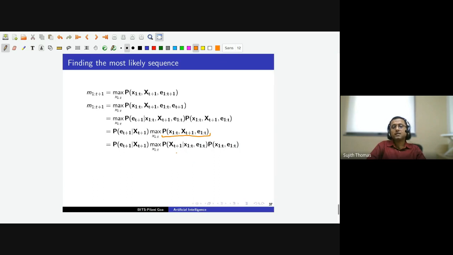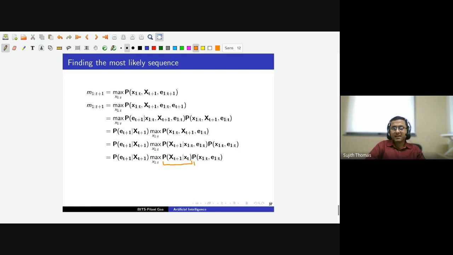And once again, we have the Markov property, which says that if the previous state is given, then the next state is independent of other things, other evidences that were seen earlier. So since x1 to t, the previous value or previous state variable is given, the next state will be independent of other variables. So I can simply write this as xt plus 1 given xt.